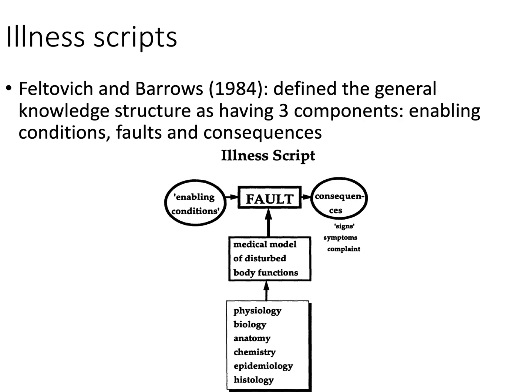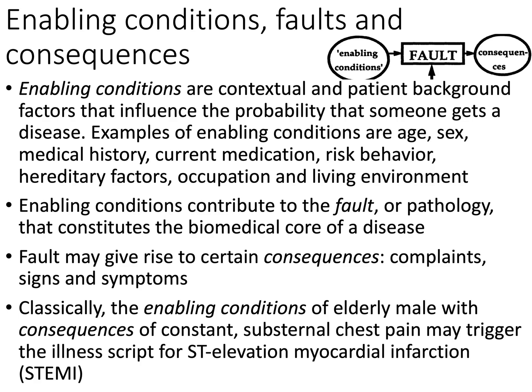Taking a step back and exploring the illness script, Feltovich and Barrows in 1984 defined the general knowledge structure as having three components: enabling conditions, faults, and consequences. Enabling conditions are contextual and patient background factors, most similar to the social history, that influence the probability that someone gets a disease.